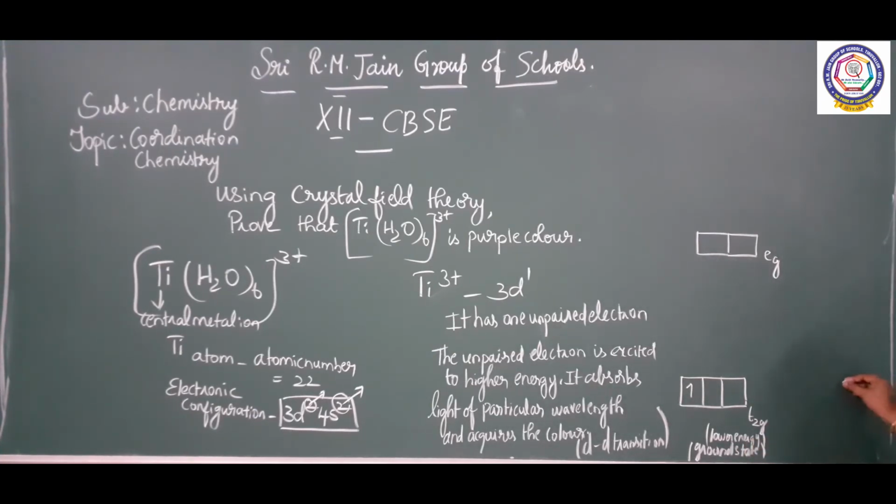What are we going to do now? We are going to say how the electrons are excited. So this is t2g, and again we are going to draw eg. Here the higher energy level we call the excited state.